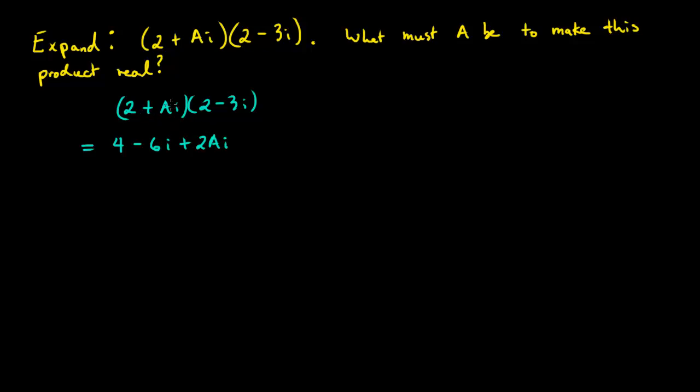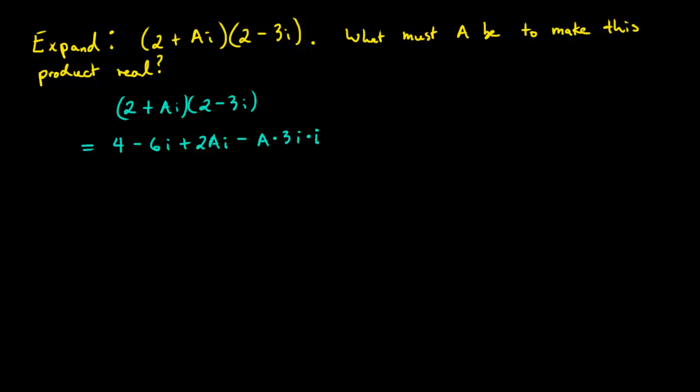And then we should get minus a times 3 times i times i. If you're wondering how I got that last term, I just multiplied ai times negative 3i. So when I do that, I get negative a times 3 times i times i.